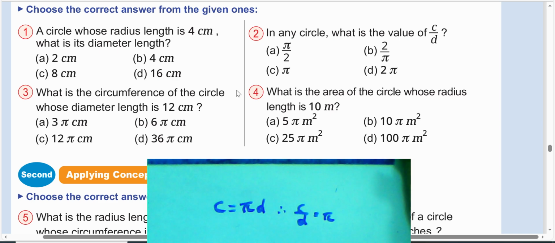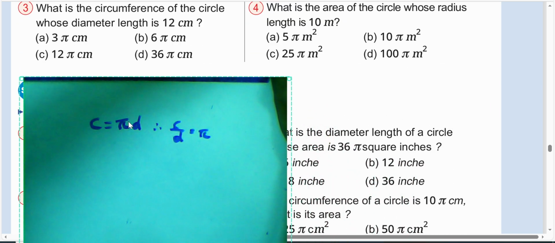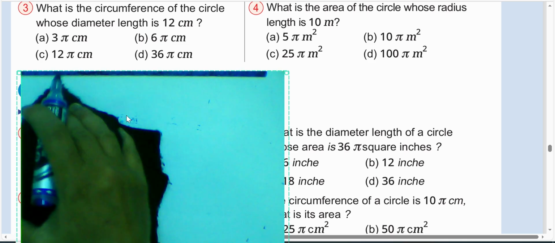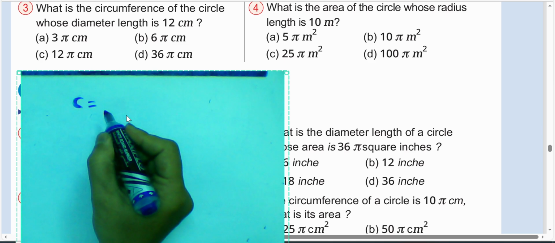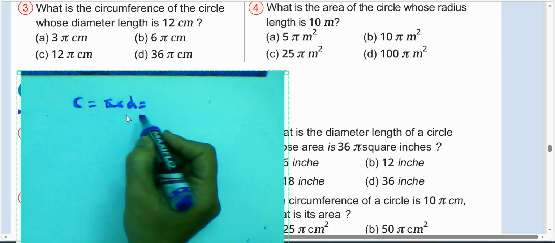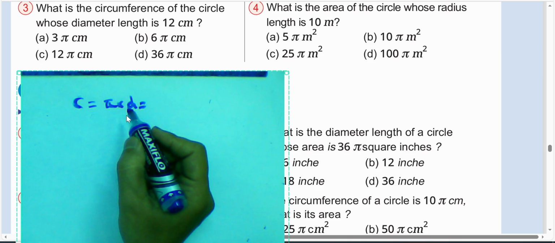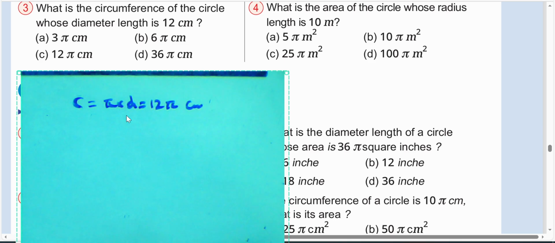Understood? Next question, number 3. What is the circumference of a circle whose diameter length is 12 cm? We know the circumference of the circle equals pi times D, diameter times pi. The diameter here was 12, then we can write 12 pi centimeters.